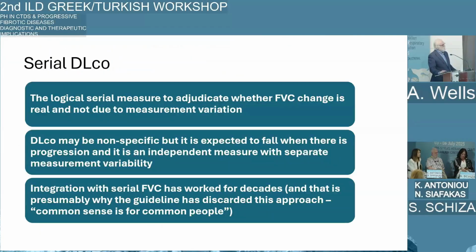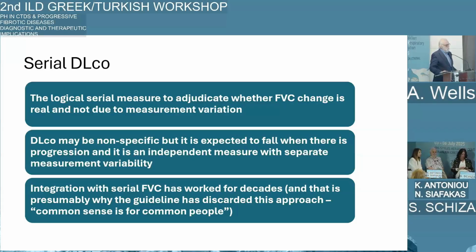So DLCO in our practice has been confusing about how to use it. It's very logical to combine it with FVC. Some of the time, you have apparent change on FVC, which is potentially measurement variation. Sure, DLCO may be highly nonspecific, but you expect it to fall when there's significant progression of ILD.